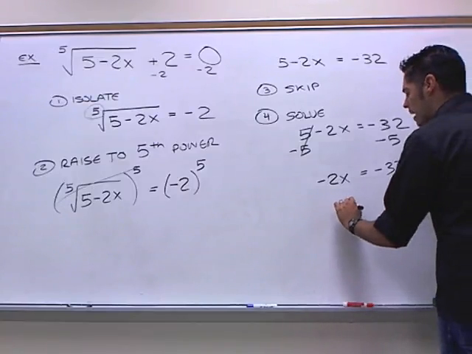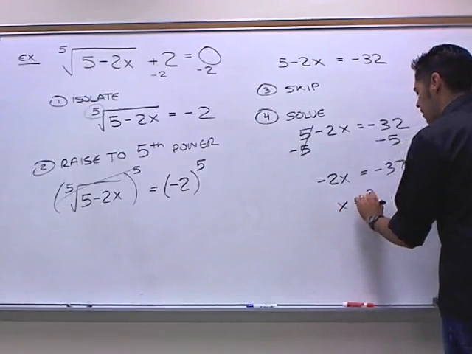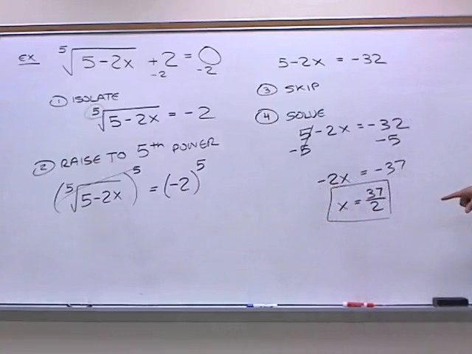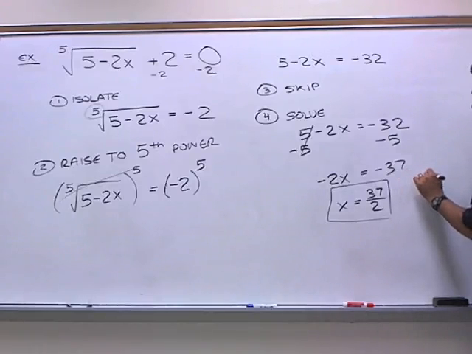So when you divide a negative by a negative, you get a positive. So 37 over 2, again, is a fraction that does not reduce, and so you just leave it like that. Because I divided -37 by -2, negative on both sides, so I got a positive answer.